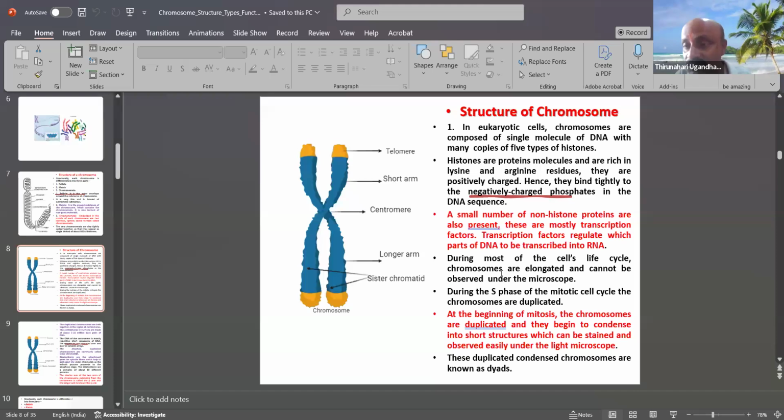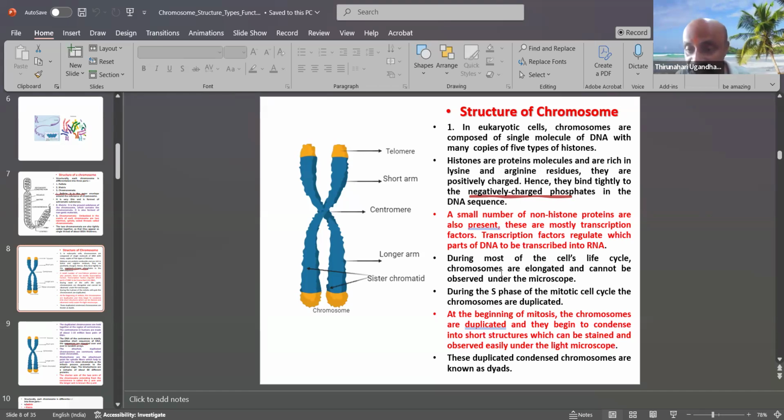Transcription means that the genetic characters of the parent generation are transcribed to the daughter generation by RNA. This RNA plays the major role in transferring inherited characters from parent to daughter. That is the important role of RNA.